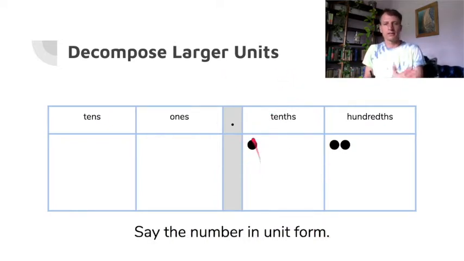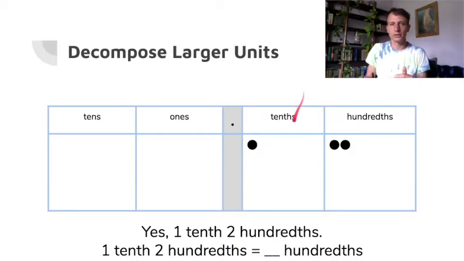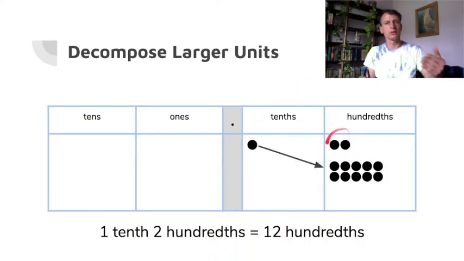So what's this? Unit form. It's 1 tenth and 2 hundredths. Now what would that be all in hundredths? Well, again, we're taking that dime and changing it out for pennies, same as we just did. So that 1 tenth is 10 hundredths over here with the 2 already there.